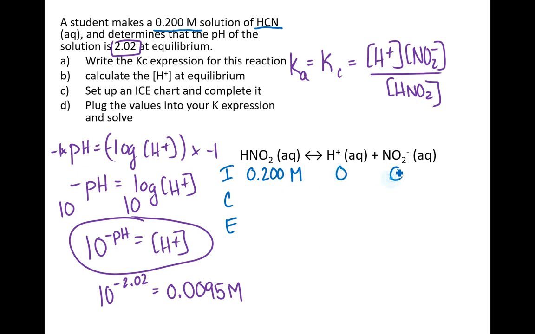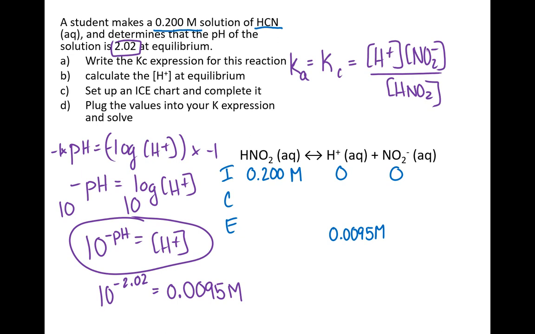So initially we haven't added any of these ions. These ions are going to get produced from my reactant dissociating. So once we dissolve the HNO2 in water, it's going to dissociate and make some ions. We measure the pH, and the pH tells us the concentration of the hydrogen ions that are made. So that's your equilibrium concentration of hydrogen.